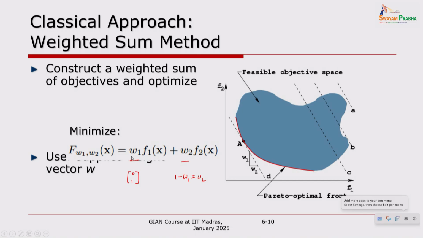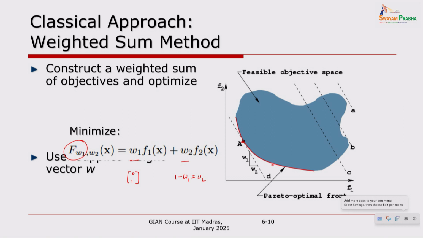If you do that, the theory says that the contour plot of this f function in the objective space becomes a straight line with a slope of W1 by W2. When you minimize, you are basically dragging the line before you leave the feasible objective space. That becomes your optimum. So in your Pareto set, wherever this line with the slope becomes tangent is your solution to the weighted sum.